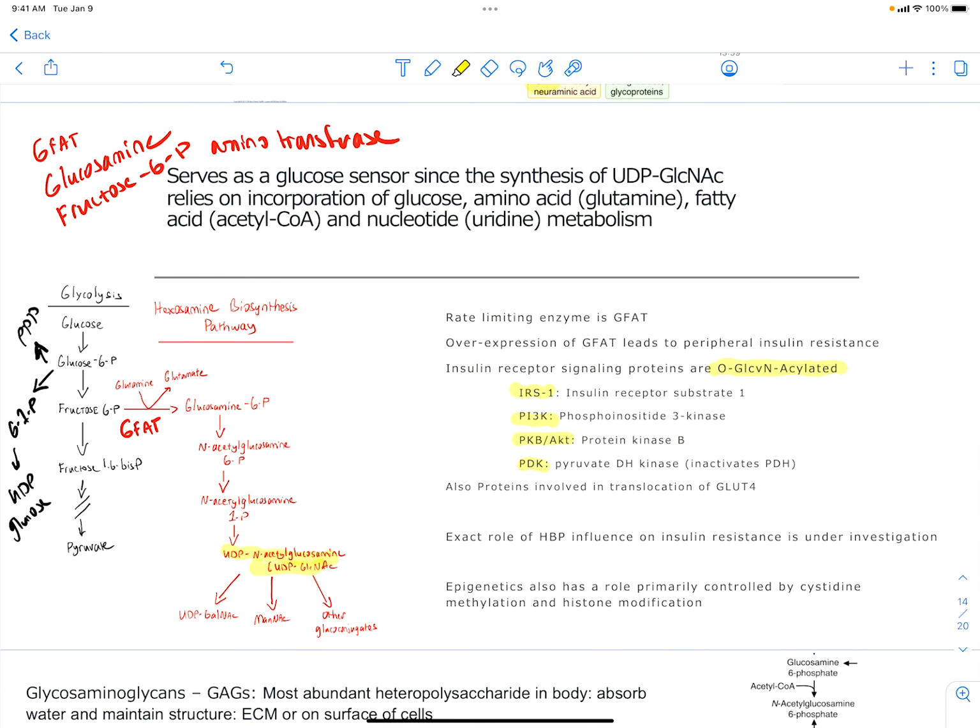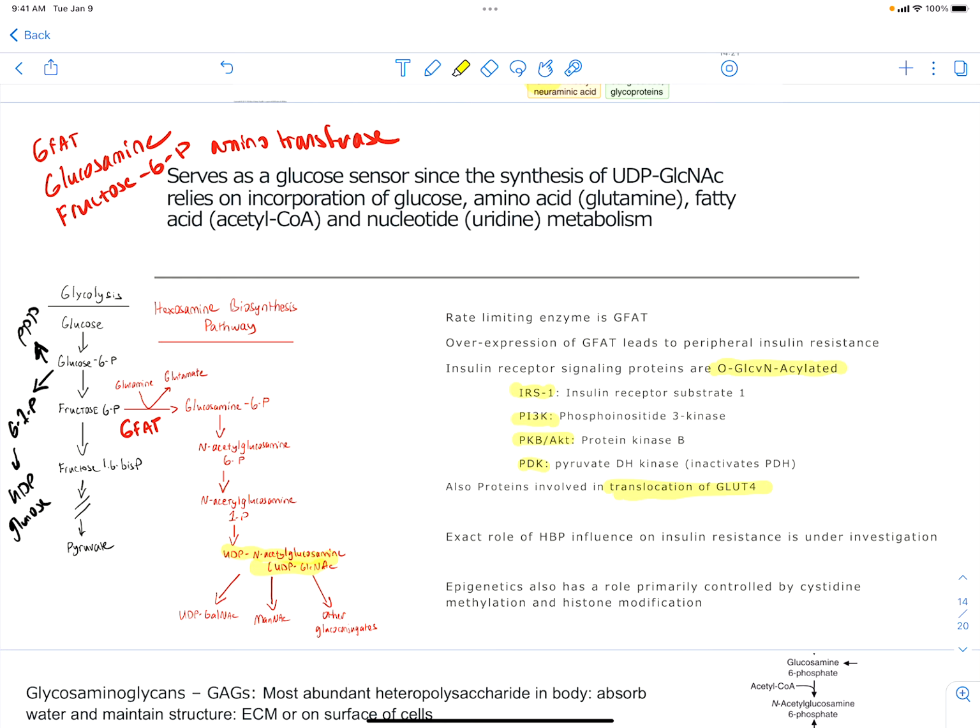So our insulin receptor substrate 1 will get glycosylated. Phosphofructokinase, phosphoinositide 3 kinase will get phosphorylated, etc. Also, proteins involved in translocation of GLUT4, and so in our adipose tissue we have GLUT4, and we need to get GLUT4 to the surface.